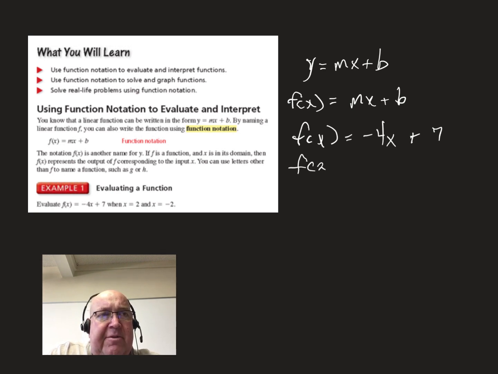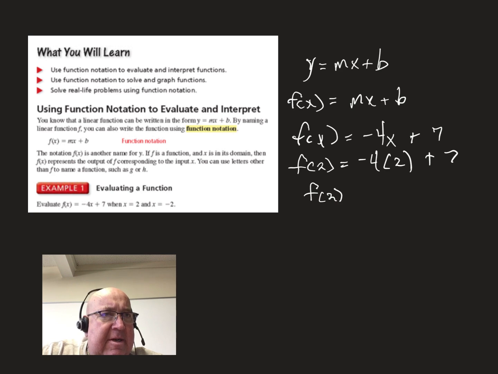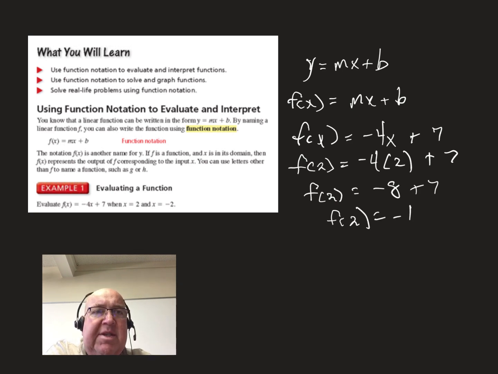So f of 2 is equal to negative 4 times 2 plus 7. F of 2 equals negative 8 plus 7, and finally, f of 2 is equal to negative 1 by combining those.